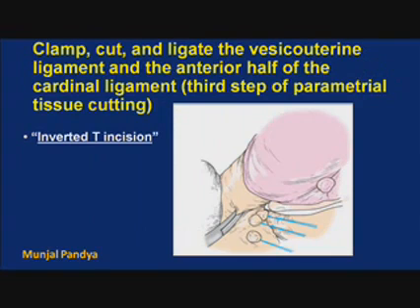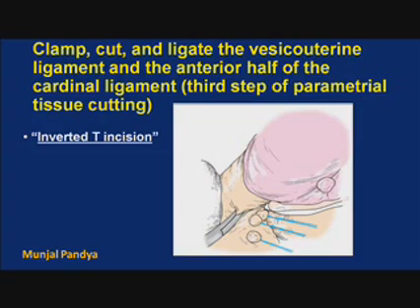Moving on to the vesico-uterine ligament now with the anterior half of the cardinal ligament, which is known as the third step of parametrial tissue cutting. Place the right hand against the back of the cervix. Check the cervicovaginal junction again.